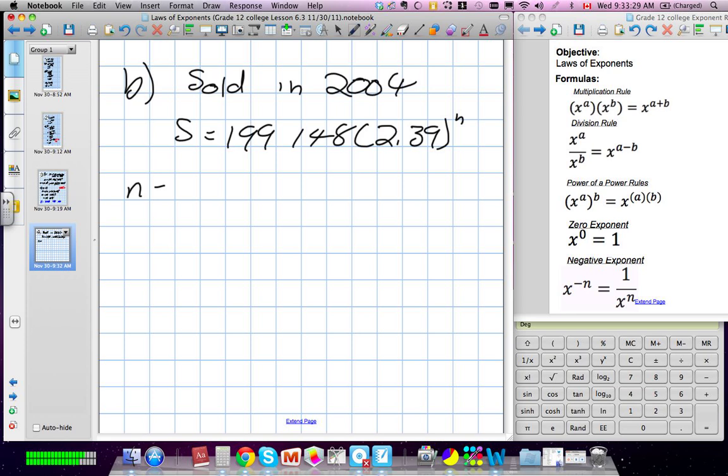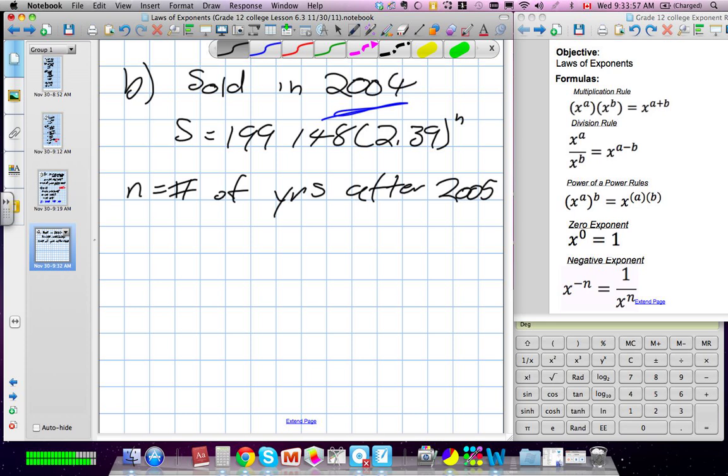If we were to evaluate the number of cars sold in 2004, what does that mean our n is going to have to become? -1. That's right. We're going back a year. Since n is after 2005, and they're asking us for the year before, we'll need to take our 2004 and subtract 2005 in order to figure out what our n is going to be. In this case, our n is going to be -1.